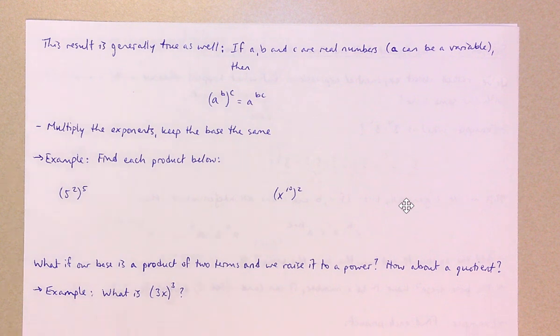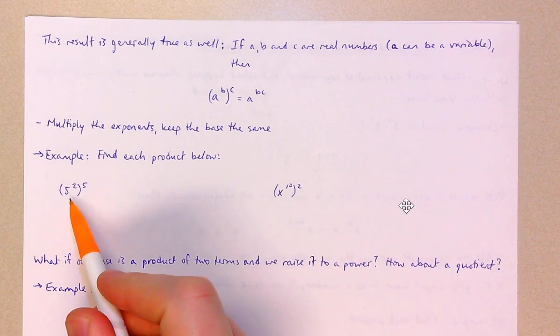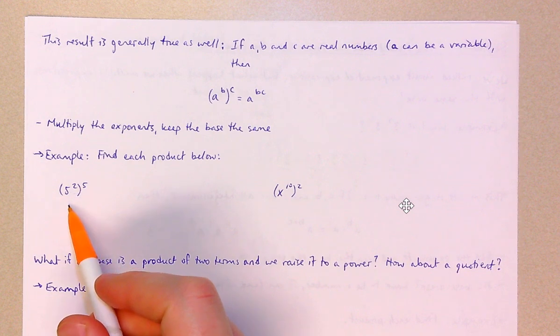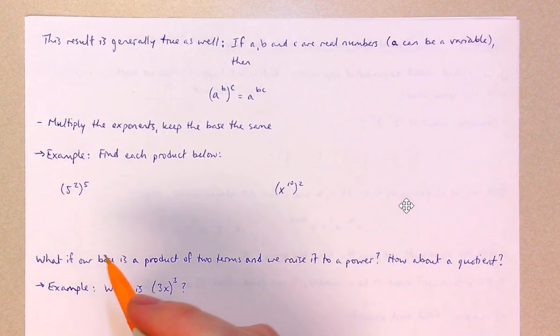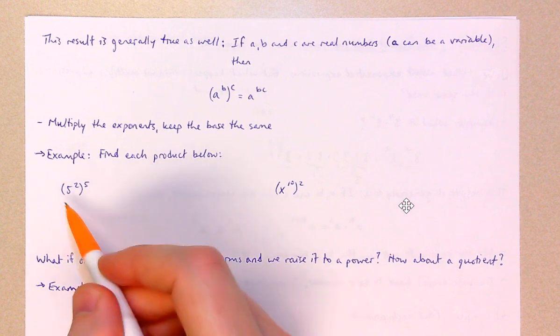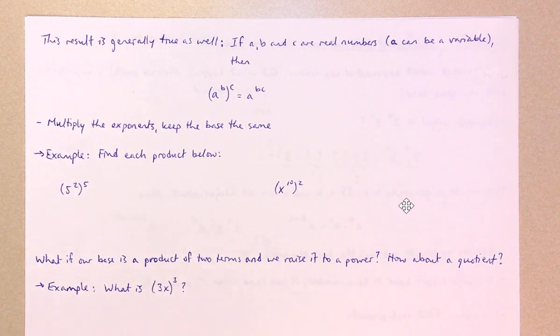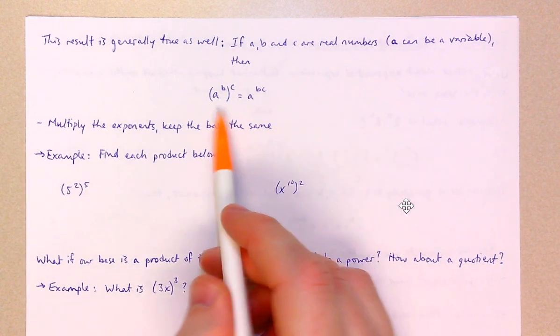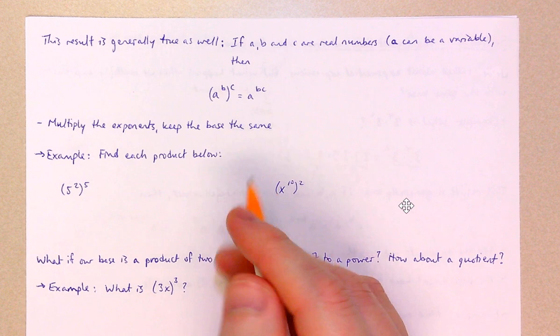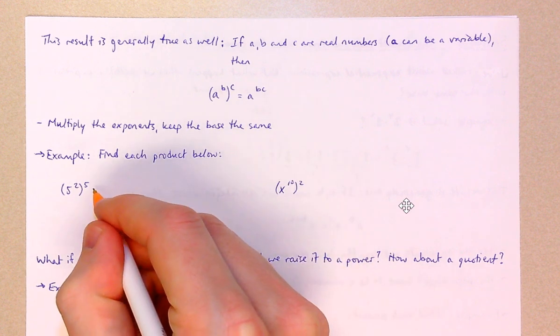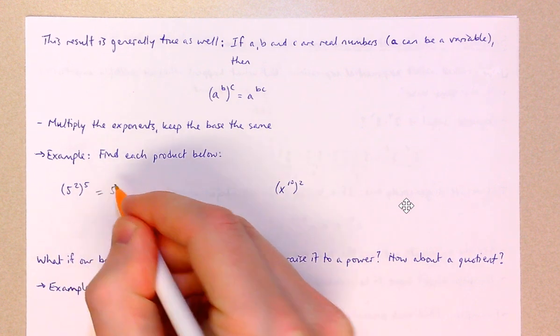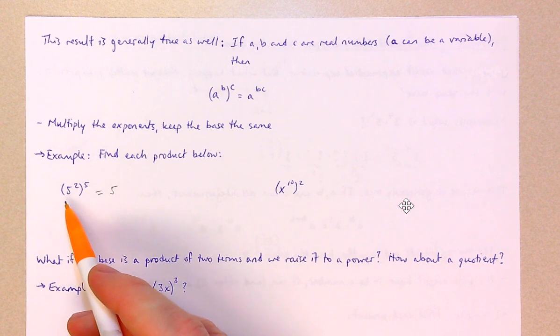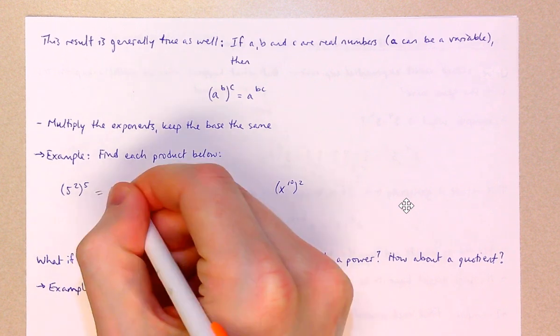So as a couple samples here, 5 squared, and then that then raised to the 5th power. We see that this is an exponential expression then being raised to some other power. So we are going to use this property right here, and this is going to equal 5, because that was our base, and the base remains the same.